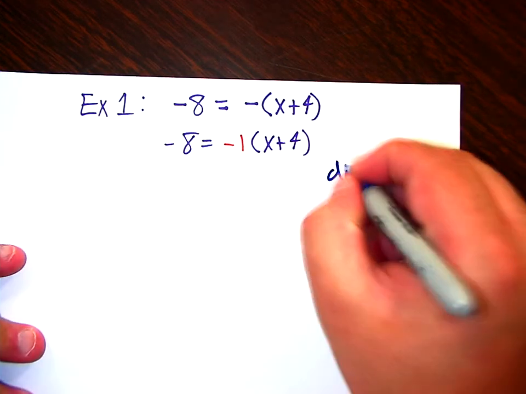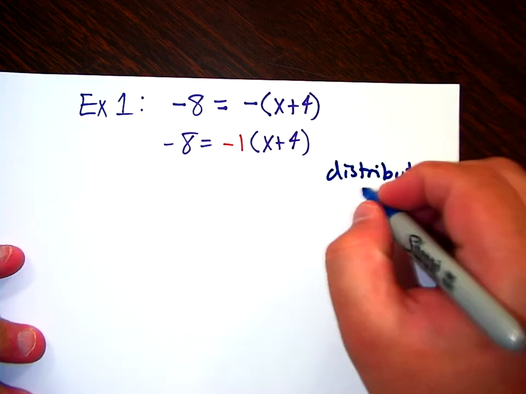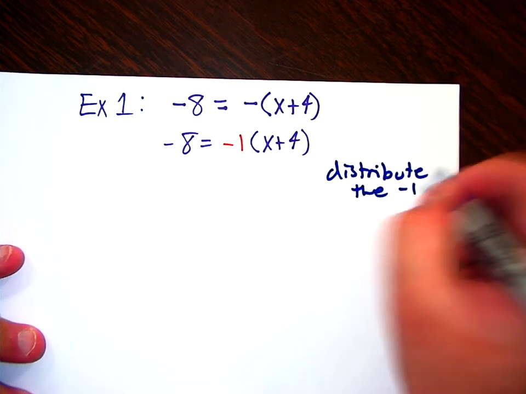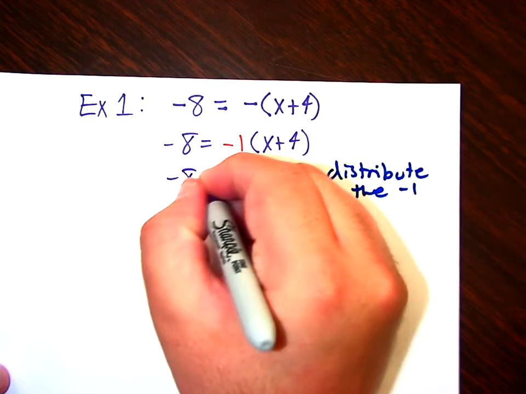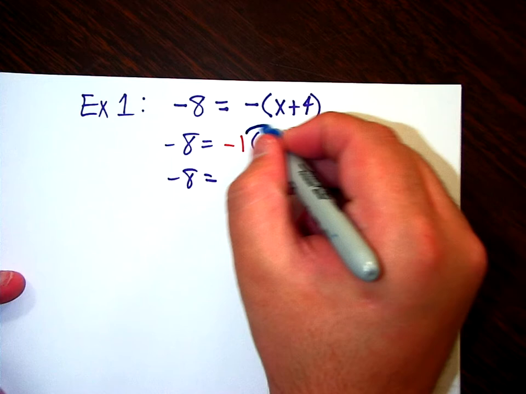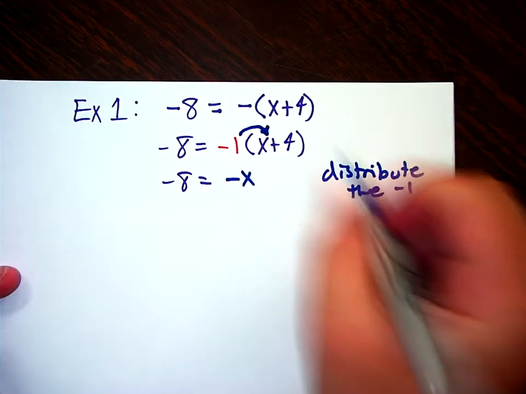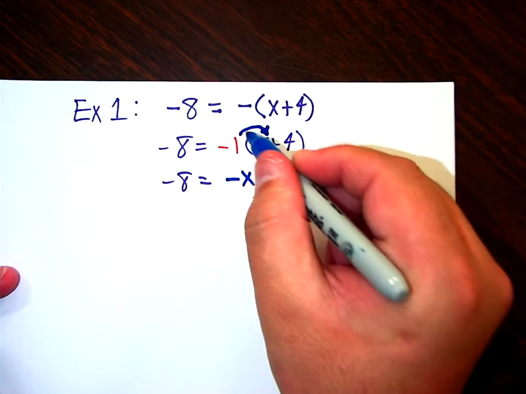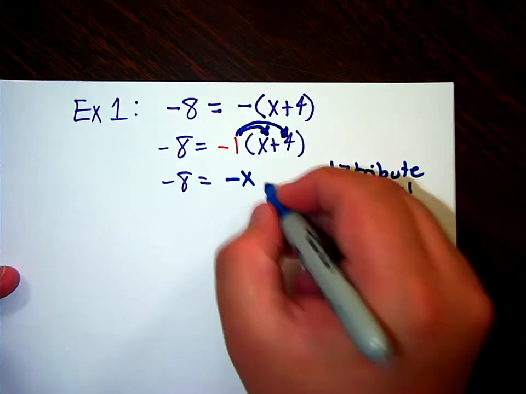I'm going to distribute the negative 1. So we're going to carry everything that we're not going to touch down and then distribute the negative 1. Negative 1 times x is negative 1x, or negative x. And negative 1 times positive 4 is going to be negative 4.